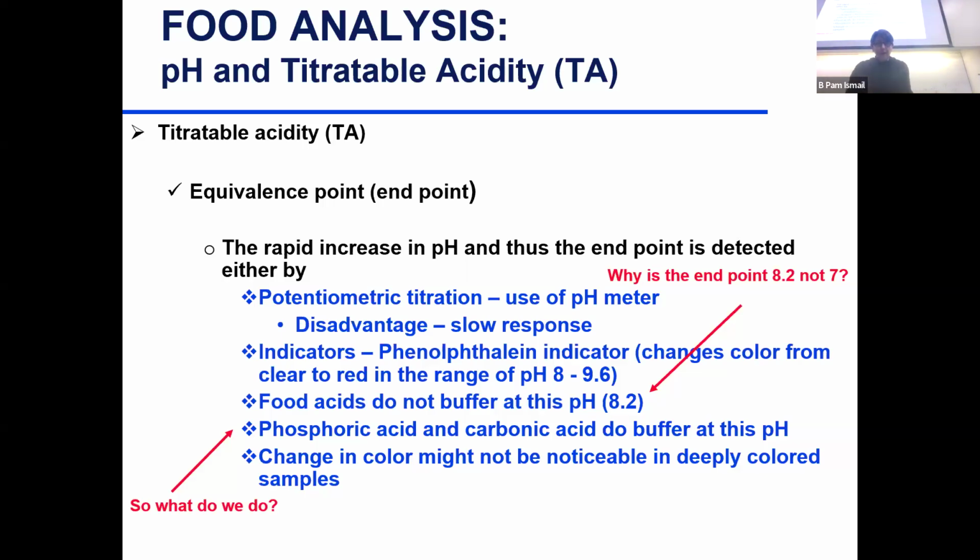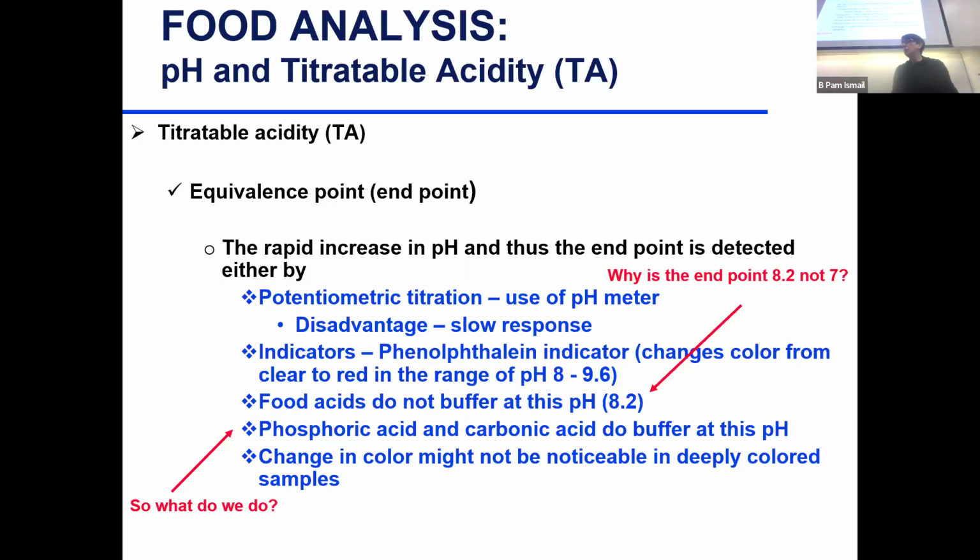So basically, in titration, we can use a pH meter like we did in the lab, or use an indicator that will change color around pH 8.2. Why is it pH 8.2, not 7, the neutralization pH?